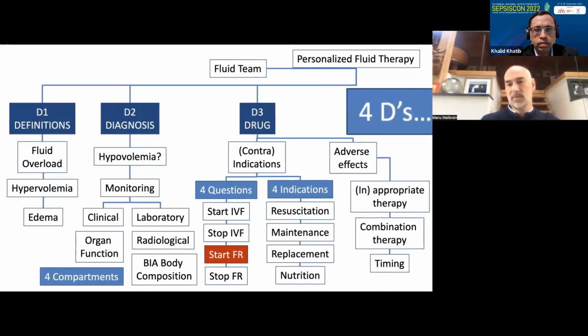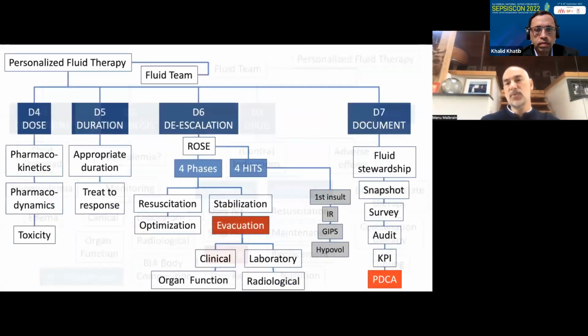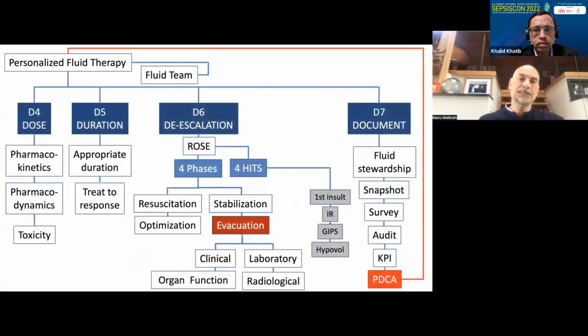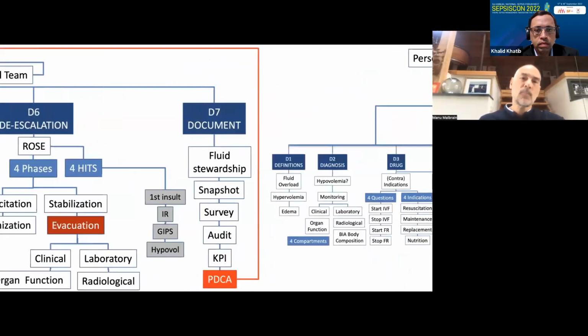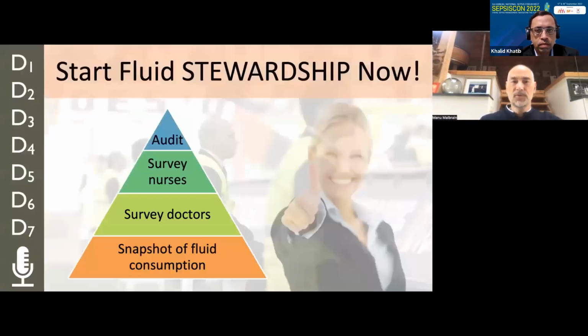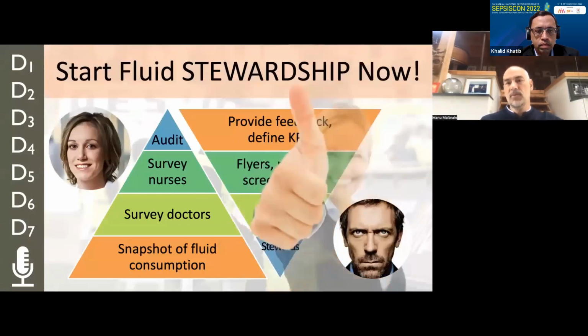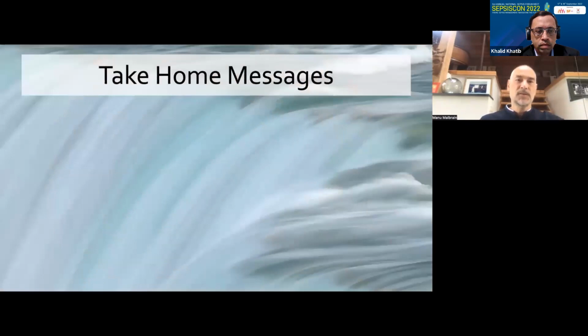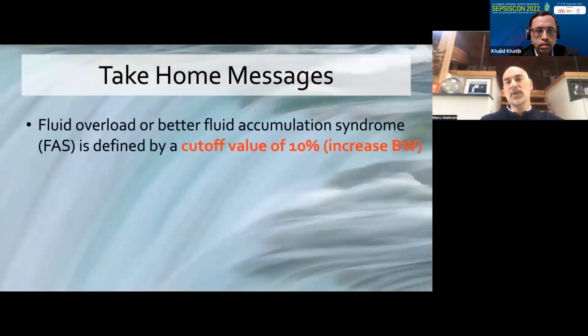So today we discussed 4 questions in fluid removal and evacuation. Think about personalized, individualized fluid therapy. For that, you need a fluid team with doctors and nurses, and I think it's about time to start fluid stewardship in your ICU, in your hospital. We'd like you to go home with the knowledge that fluid overload is defined by a cutoff value of 10%, but let's forget that.